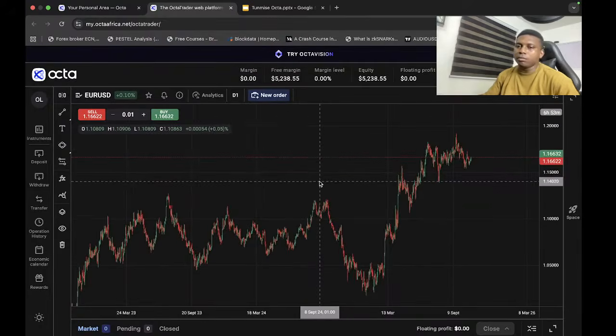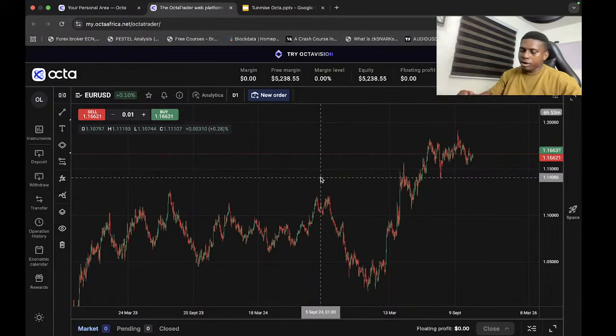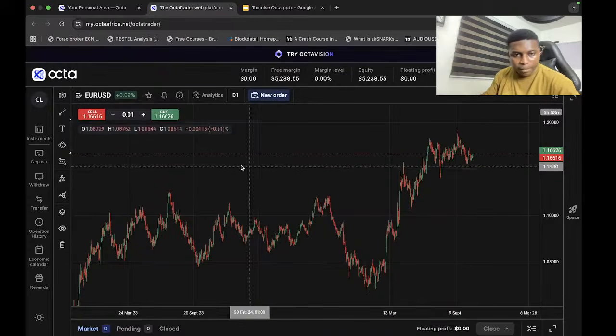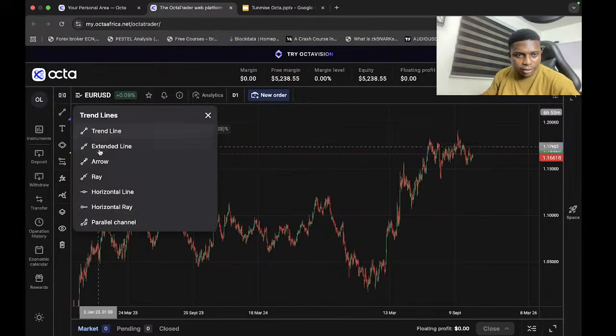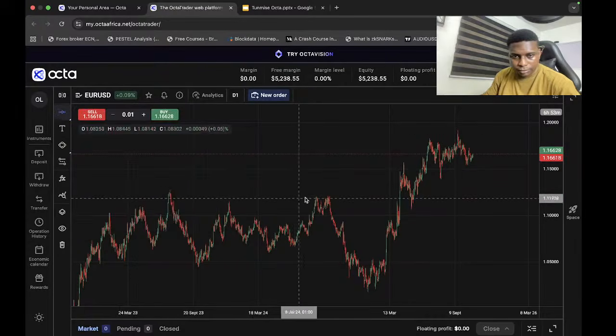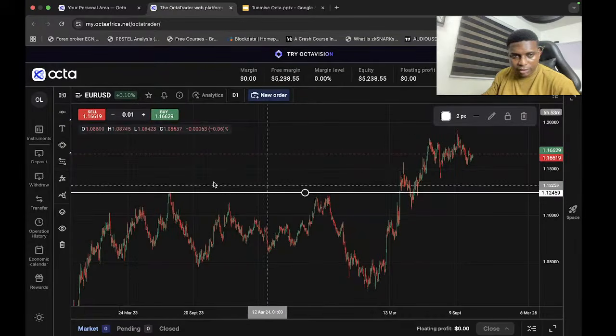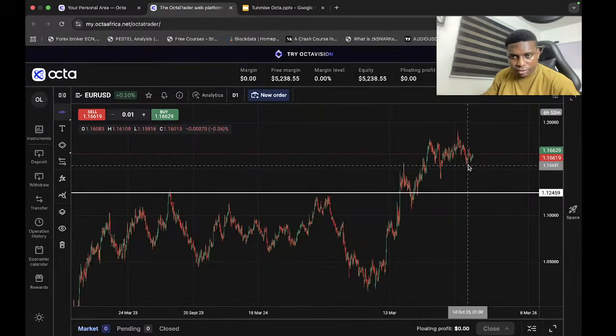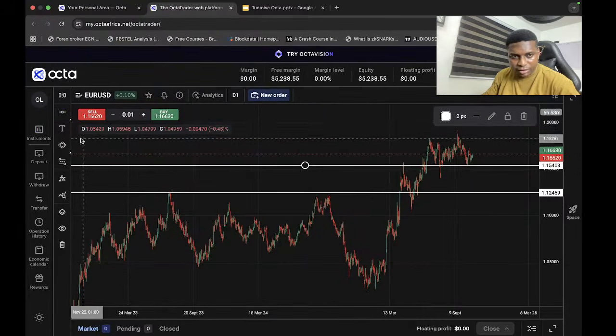Now let's understand the current market structure. We come here, marking out levels of support and levels of resistance.